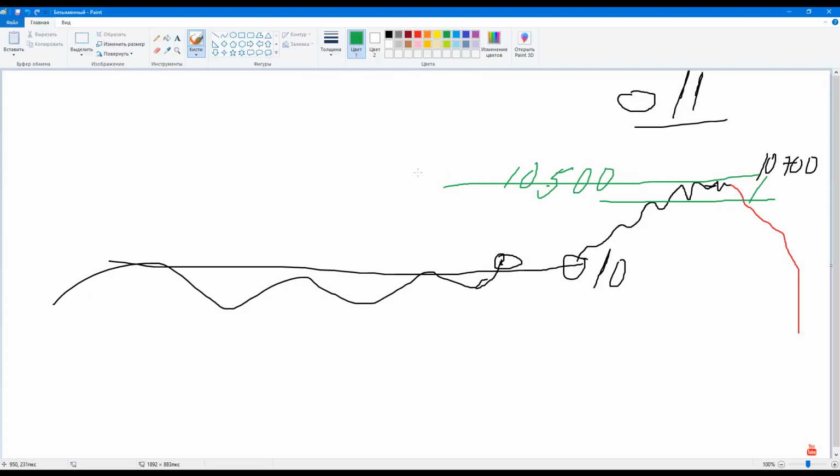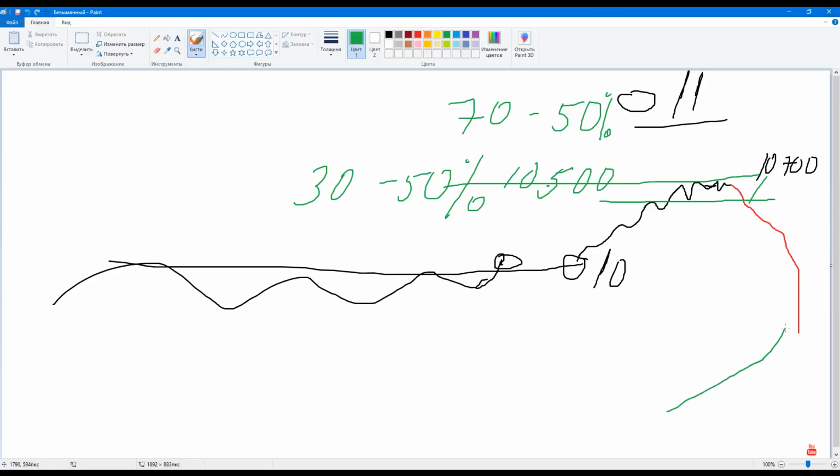And you cover maybe 30 or 50% of your position, and at your main target, 11,000, you cover 30 or 50%. Yes, you gain less money if you don't cover some part, but in this situation you earn money, not lose. So clear target number 1.